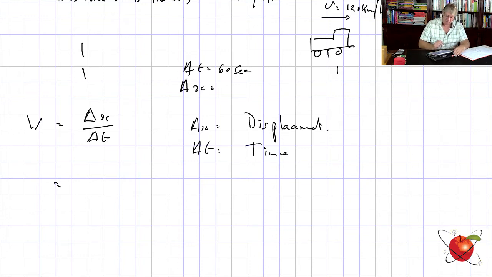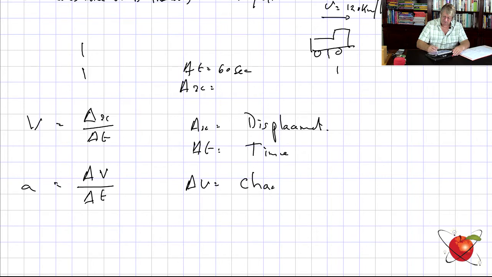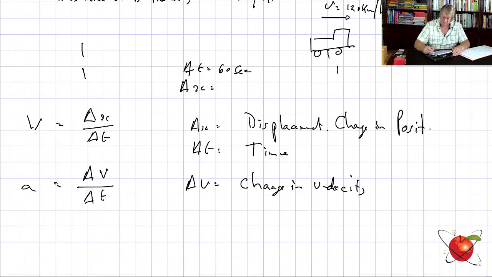The next thing is acceleration, which we define as delta v over delta t. Delta v is the change in velocity, delta x is the change in position, and delta t is the change in time.